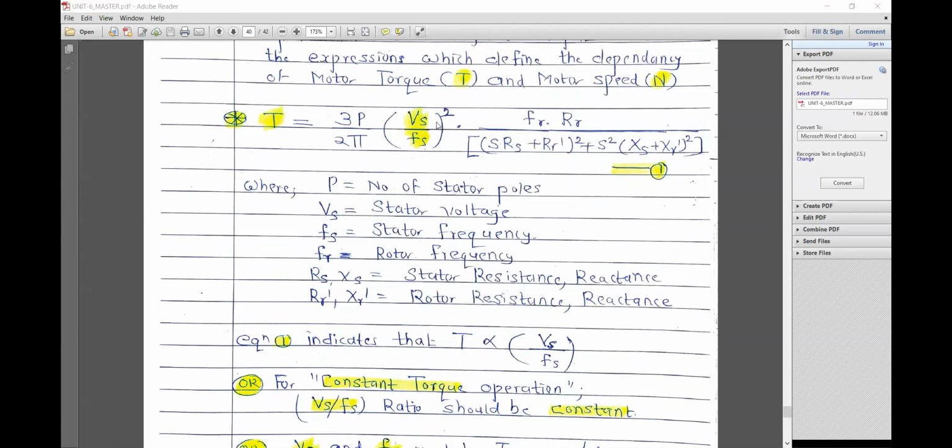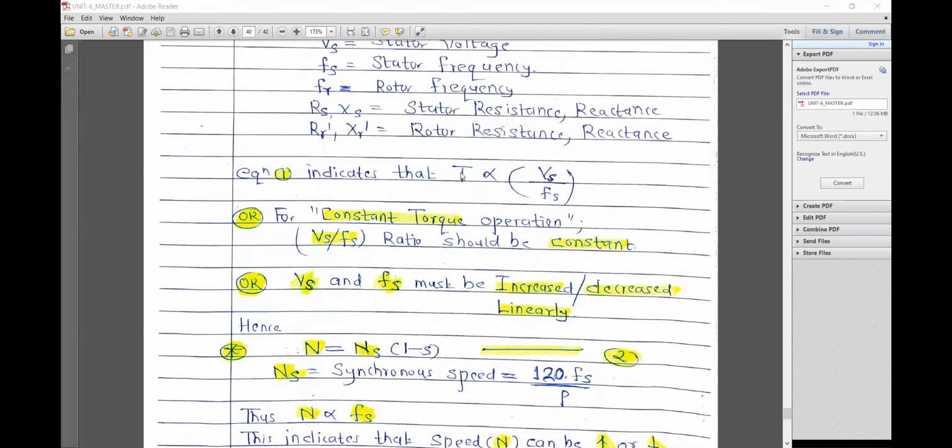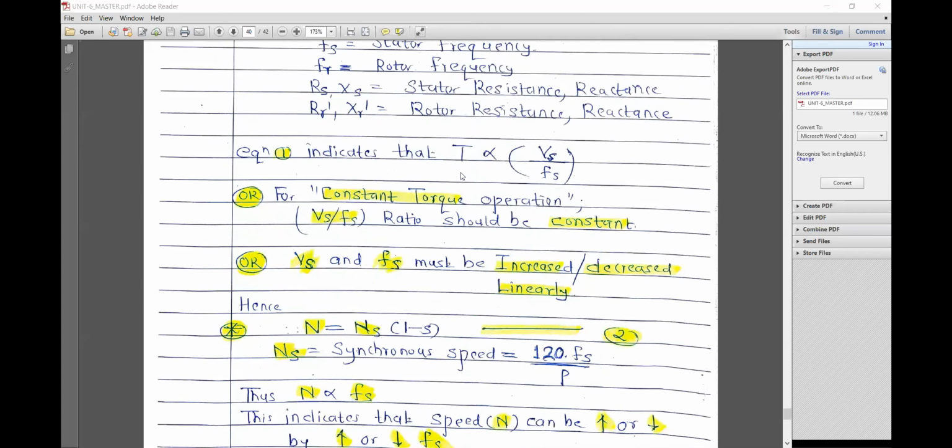So if I change the torque of the motor by simply increasing the numerator, because the denominator is constant, the torque will not remain constant. So we cannot obtain constant torque operation for an induction motor if we use an AC voltage controller for driving it. So we cannot use an AC voltage controller.